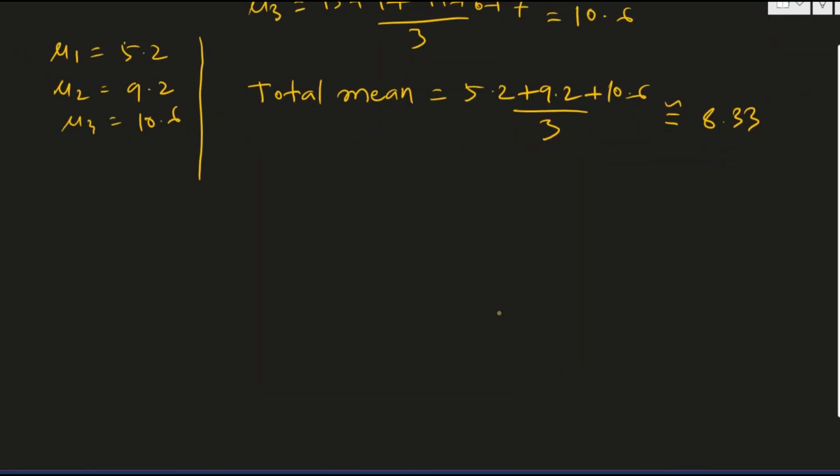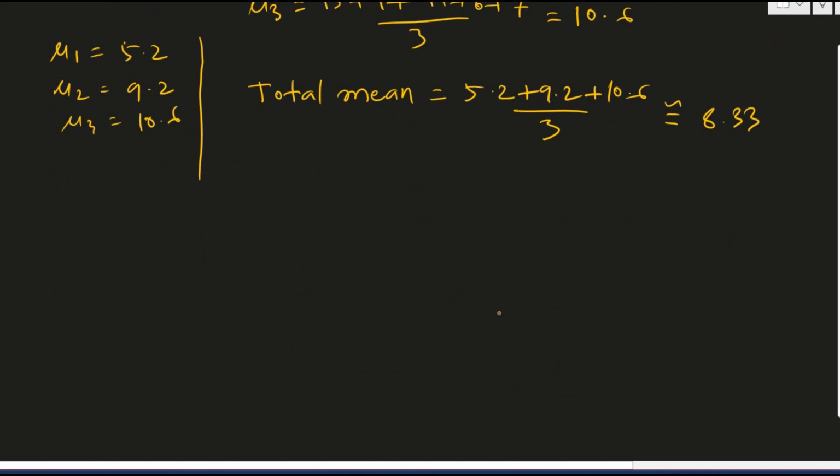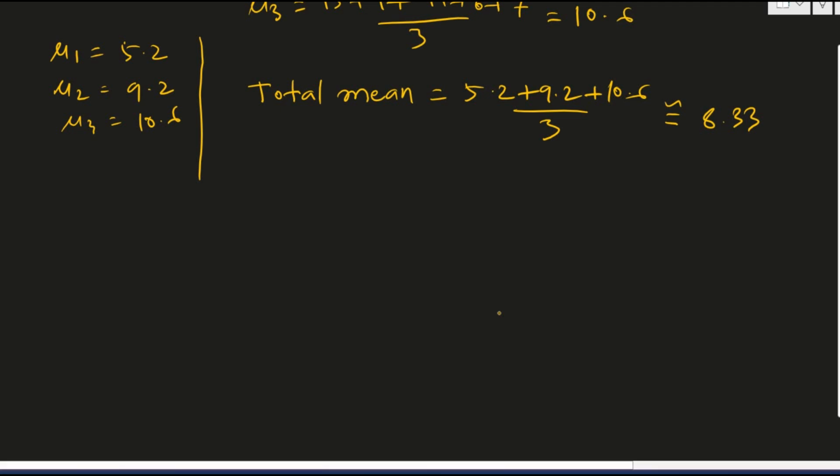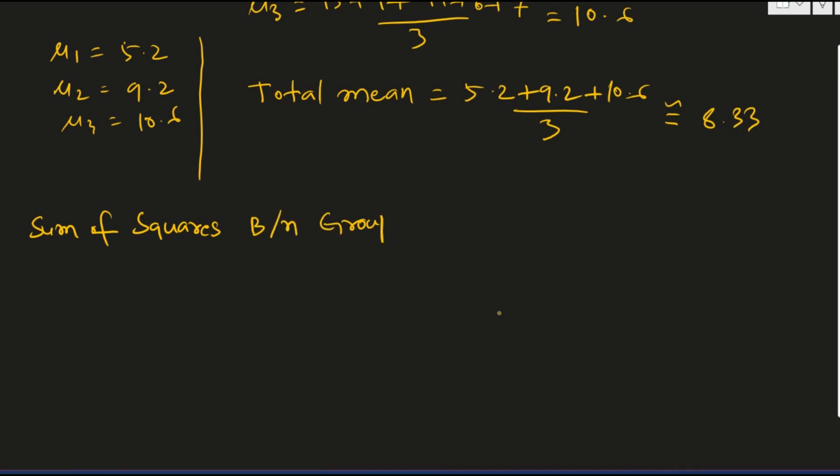Now we will calculate the sum of squares because we have to calculate the F ratio. Remember that we are going to compare the mean with respect to each individual attribute or feature. First, the sum of squares between the groups.